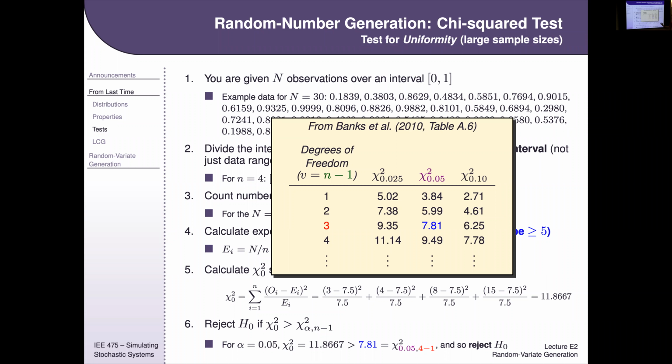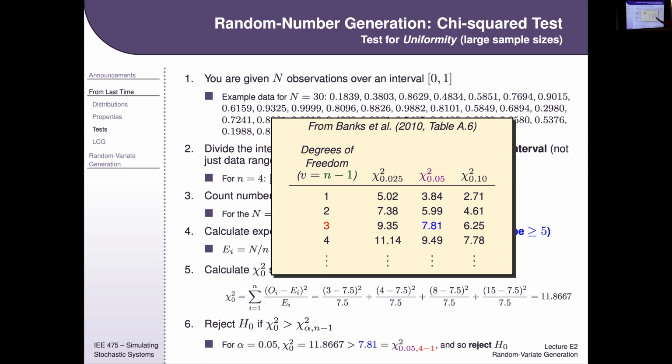Because my chi-squared distance was way bigger than 7.81, these numbers are way different than the null hypothesis. So we're saying these are not uniformly distributed, or at least they don't look like they are, and we're pretty confident that we can say that based on this.